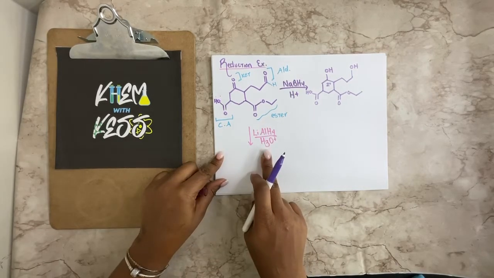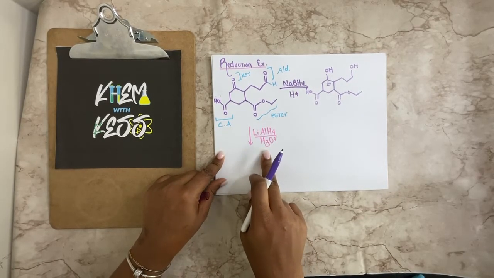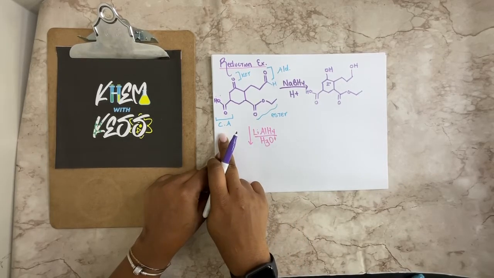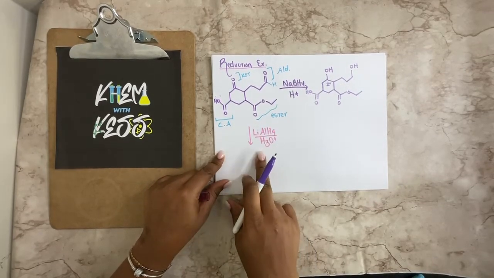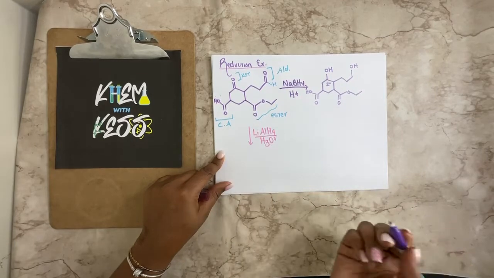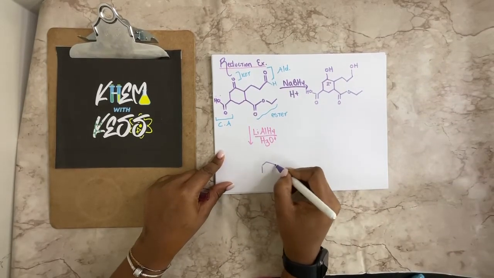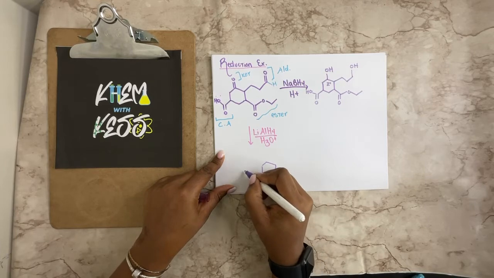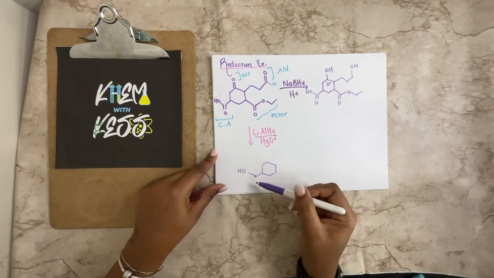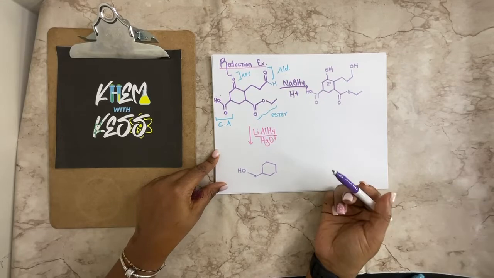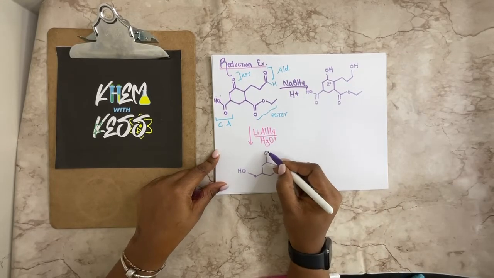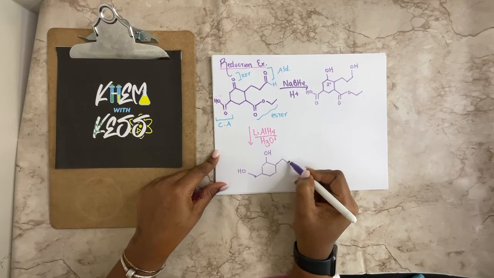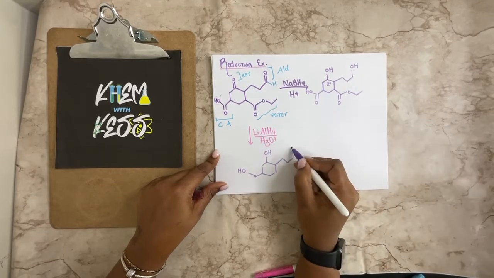Now, in this case, it's going to be strong enough for the carboxylic acid and ester, but that doesn't mean that you leave your ketone and aldehyde the same way. Here, everything changes. So the carboxylic acid, we just lose the carbonyl and we would be done there. The ketone becomes an alcohol, so it's the exact same as what we just did here.